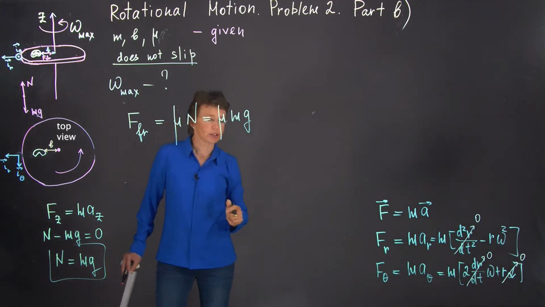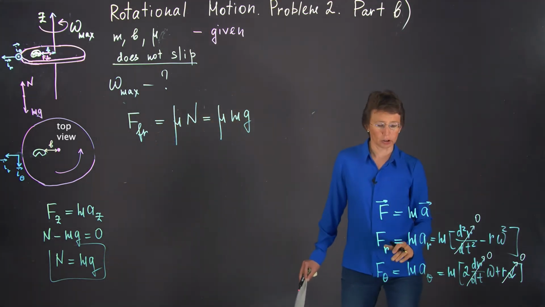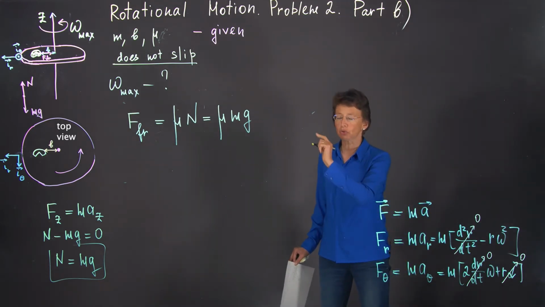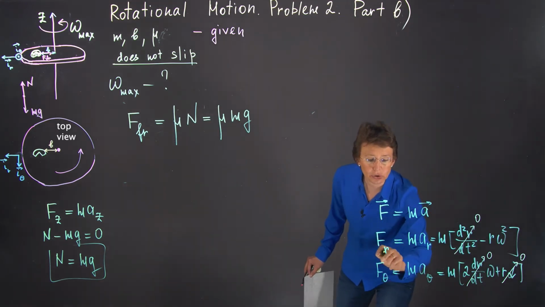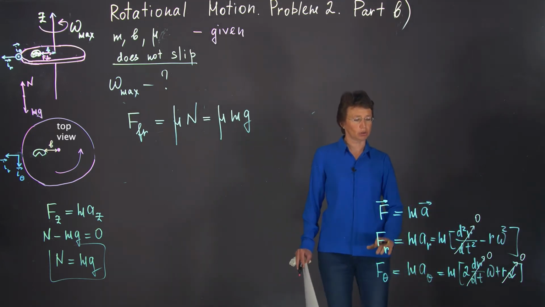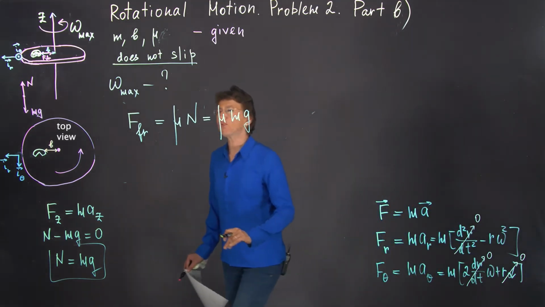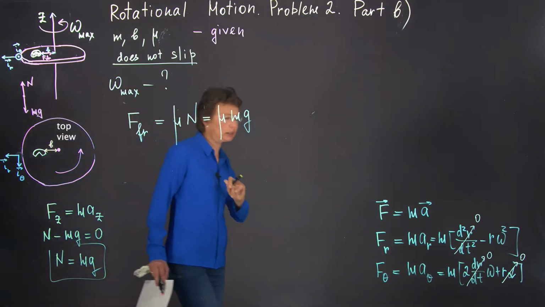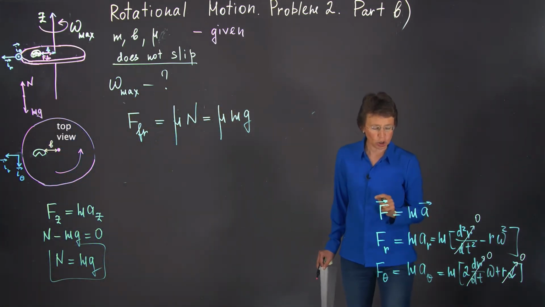I'm looking for omega maximum. Which law will I use? Let's look at the second law. Can I use Newton's second law to find omega? I know something about the force, and omega is right here. I just need to figure out, does the force of friction still have only a radial component as it was in part A? Let's check.